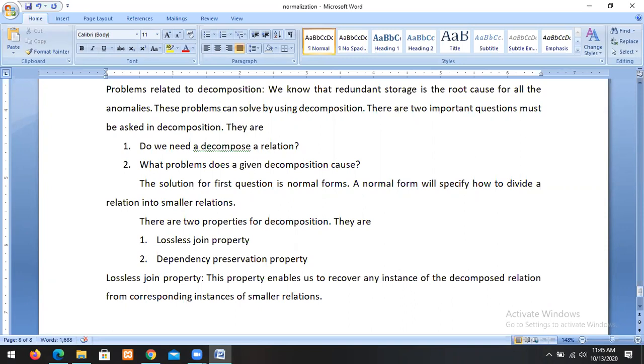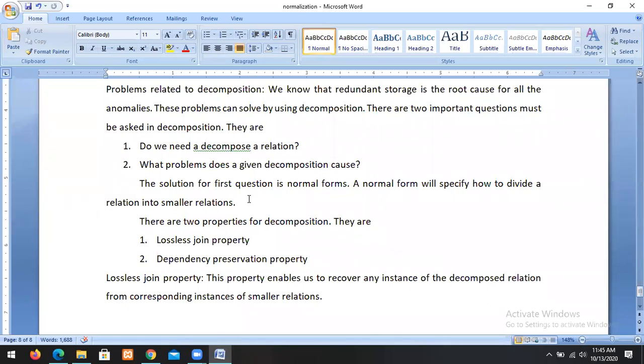So the lossless property enables us to recover any instance of the decomposed relation from the corresponding instances of smaller relations. It is necessary to enable the original, and then we call it the lossless join property.